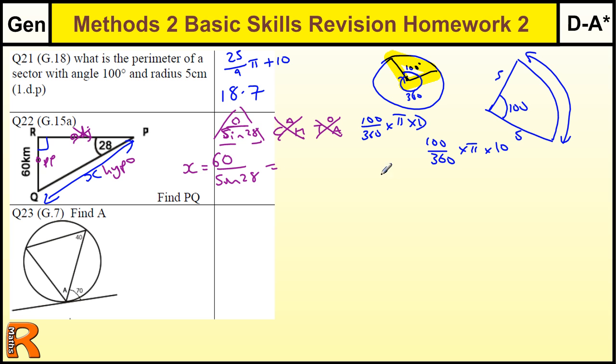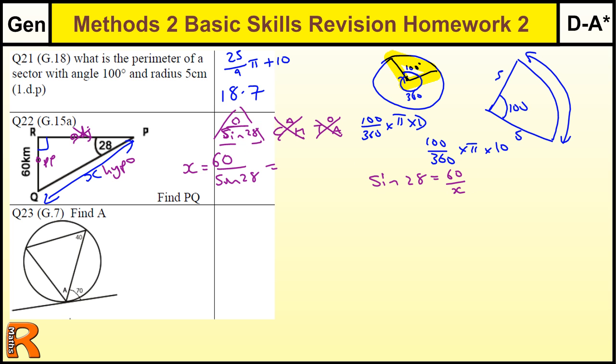So that's the answer. Now if you're not familiar with the formula triangle, but you know sine of the angle, sine of 28 equals the opposite, which is 60, over the hypotenuse, which is x. You've got to be careful here because x is on the bottom. Essentially you need to times by x to get x sine 28 equals 60, and then divide by sine 28 to get x equals 60 over sine 28.